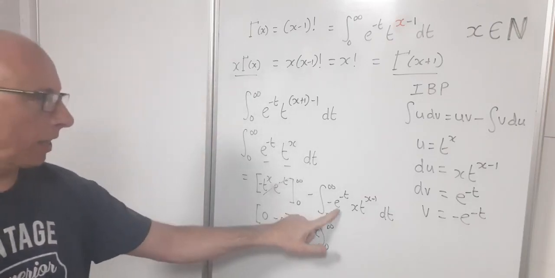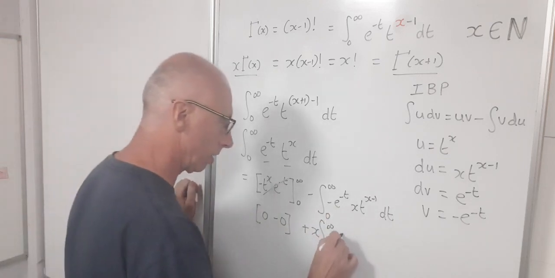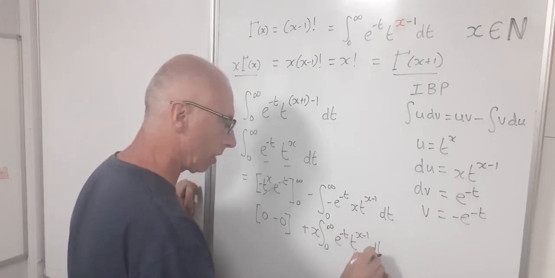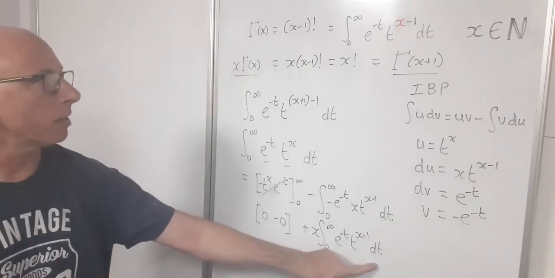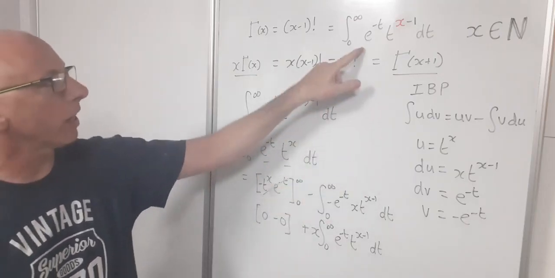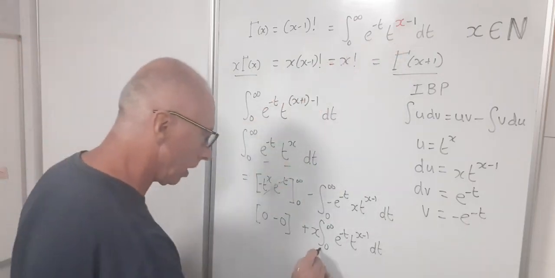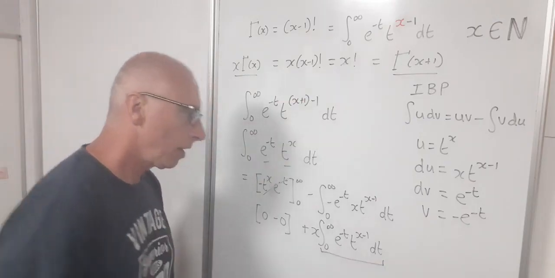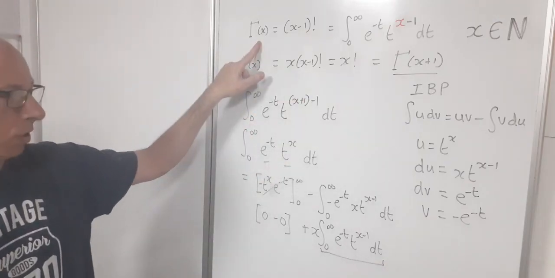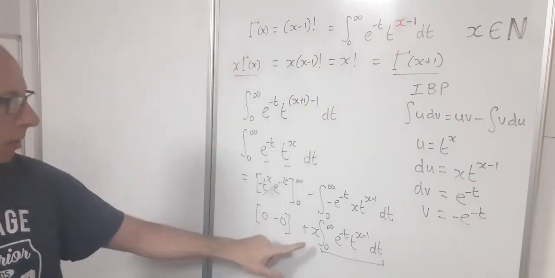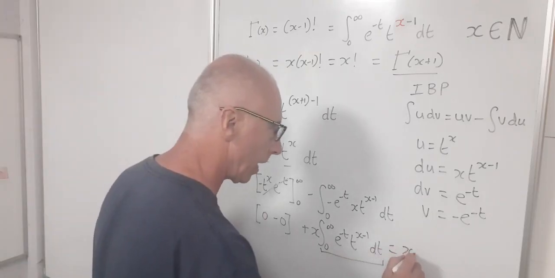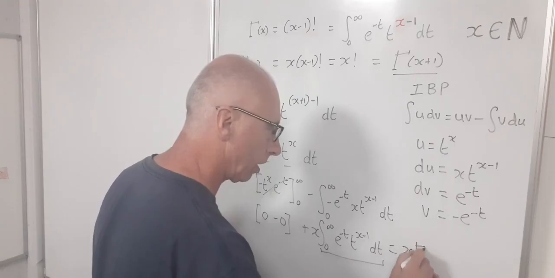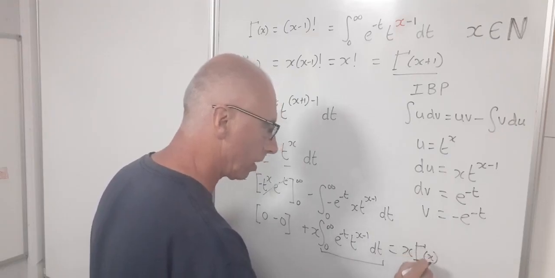And then I've got left e to the minus t and t to the x minus 1 dt. Well, I know this is my standard integral that I've got here. So this bit here, that's my standard integral for gamma of x. So if I multiply that by x, I've got x gamma of x.